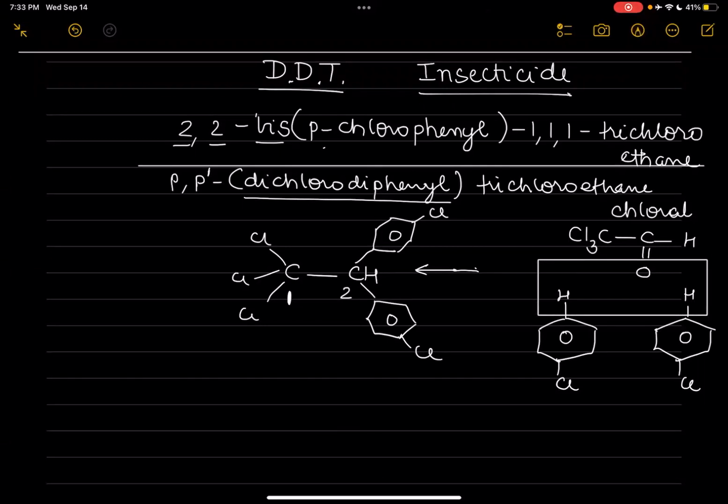These two chlorobenzenes combine, the double bond breaks, two phenyl rings join on that carbon, and water is removed.